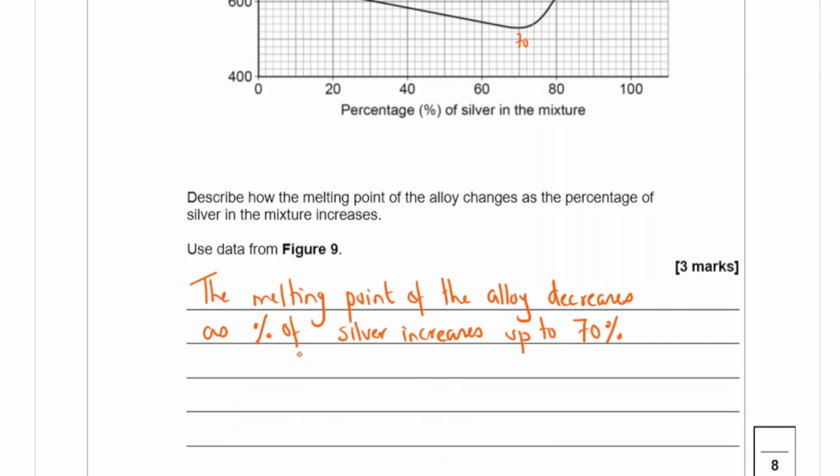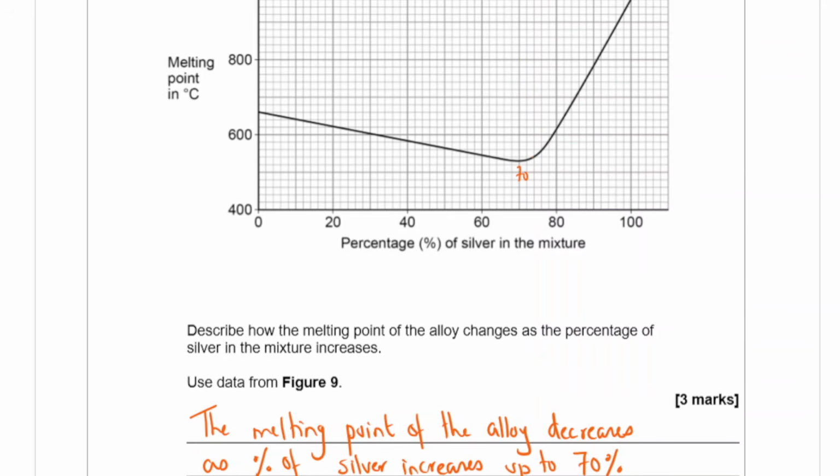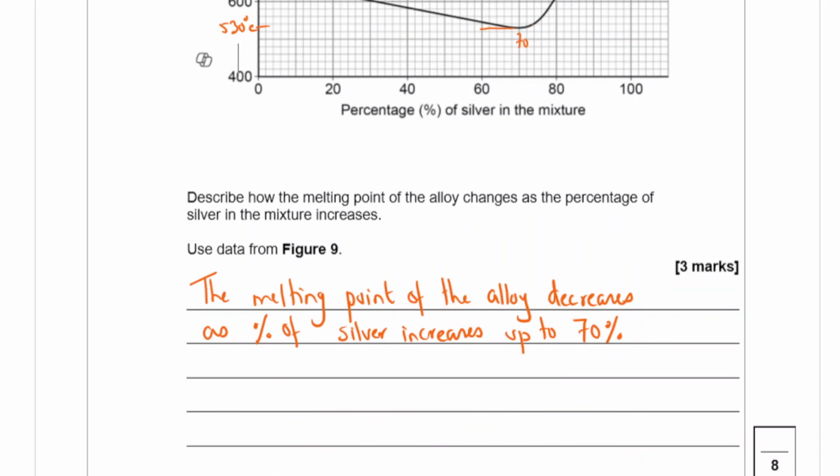Right? Or you could also say, if using the value from the melting point, it would be somewhere there, that is going to be 500 and about 530 degrees. But I'm going to leave it as a percentage.